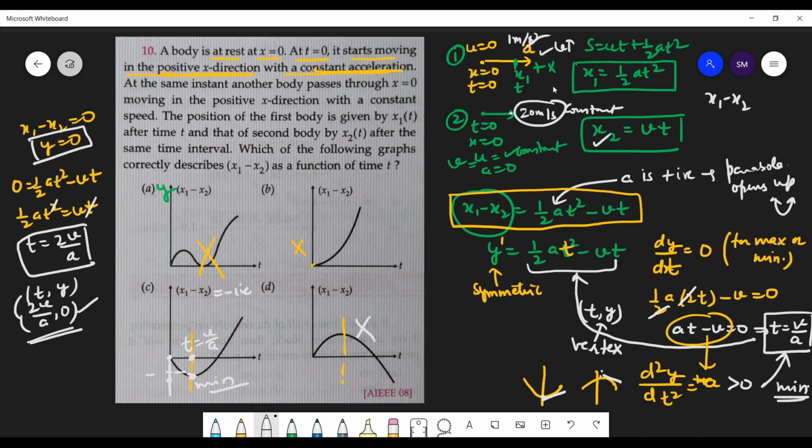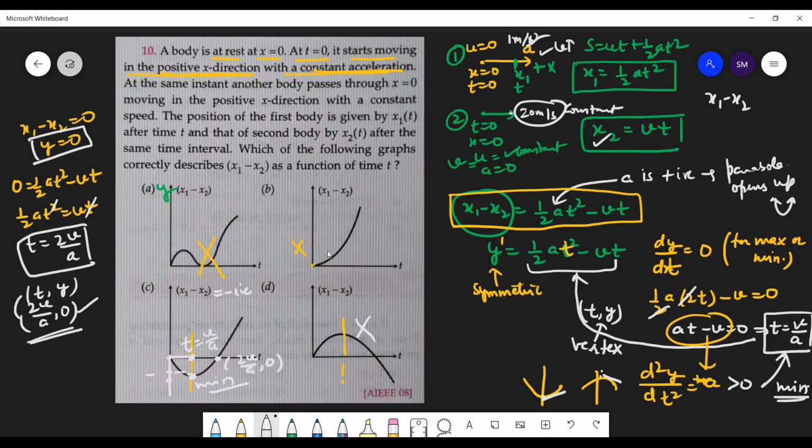So that is why in the beginning this is negative. And then it will catch this here. Here they will catch, here it will catch when this point is 2v by a, 0. This point. So this also tells you that here it is v by a and here also it is v by a. So it is symmetric at this point. V by a on this side, v by a on this side.